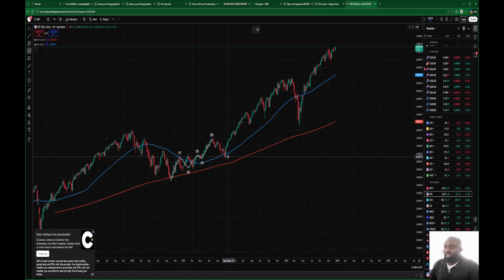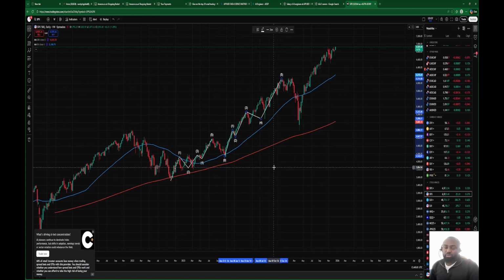So I have my Elliott wave tool, and this is wave 1, the correction, that's wave 3, and the correction. So this is kind of a double bottom in between here, and that's the fifth wave.